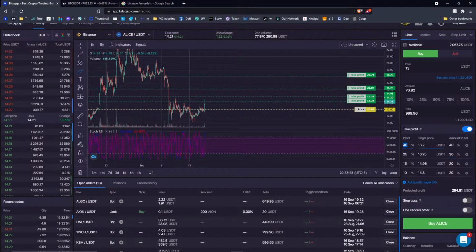And the rest is left for the highest take profit, which is 40% from the initial price level, and here I want to sell the remaining 40%. That way you spread the risk and increase the odds of getting out of the market with some profit, because you have multiple orders to get out. So the closer you set them to your entry price, the bigger the chance that it will be triggered.